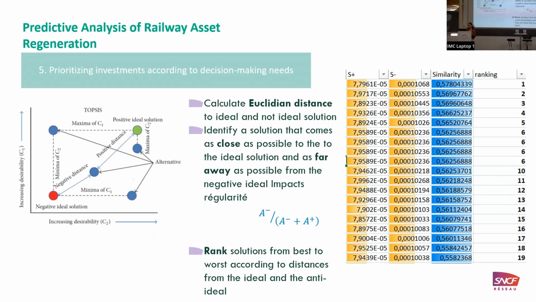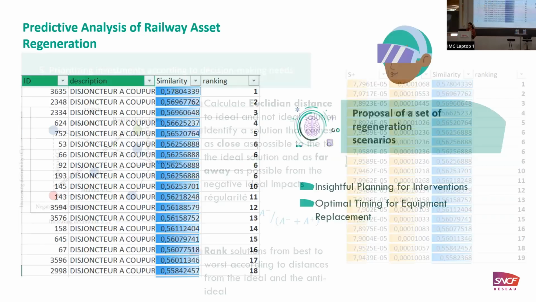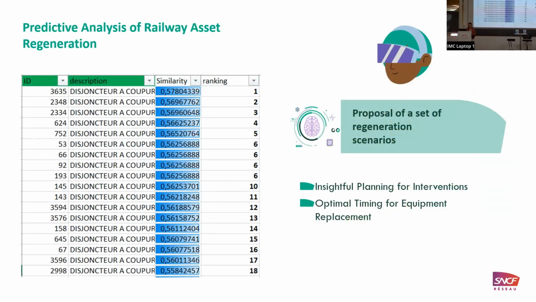The highest value is considered the best one. Here we can see the first recommended operation, followed by the second one, calculated by this Euclidean distance between the points I showed before. And this is the second one, and so on.